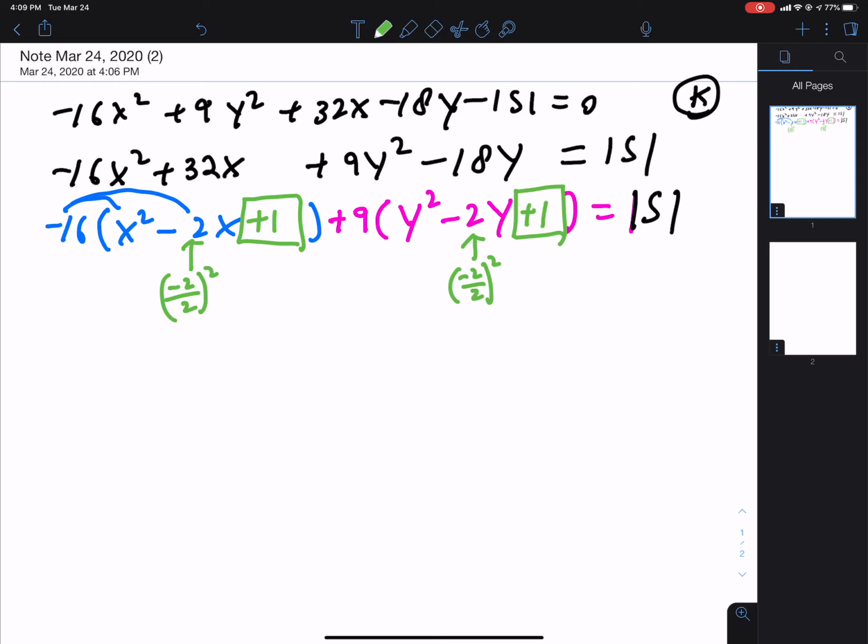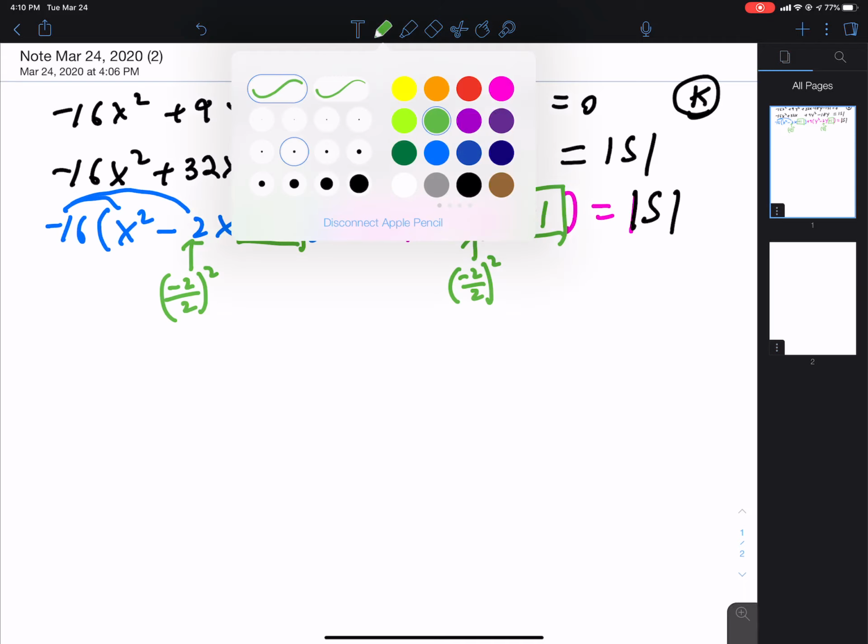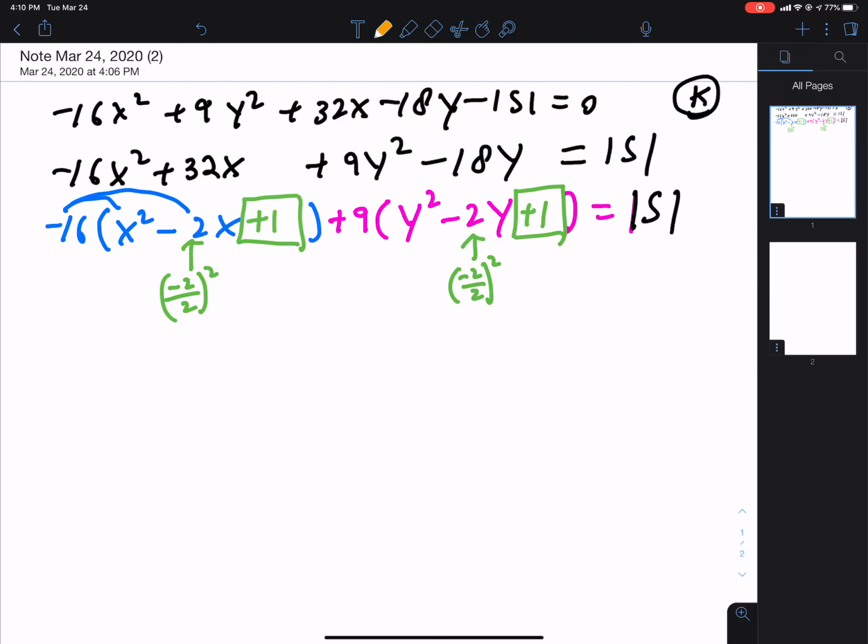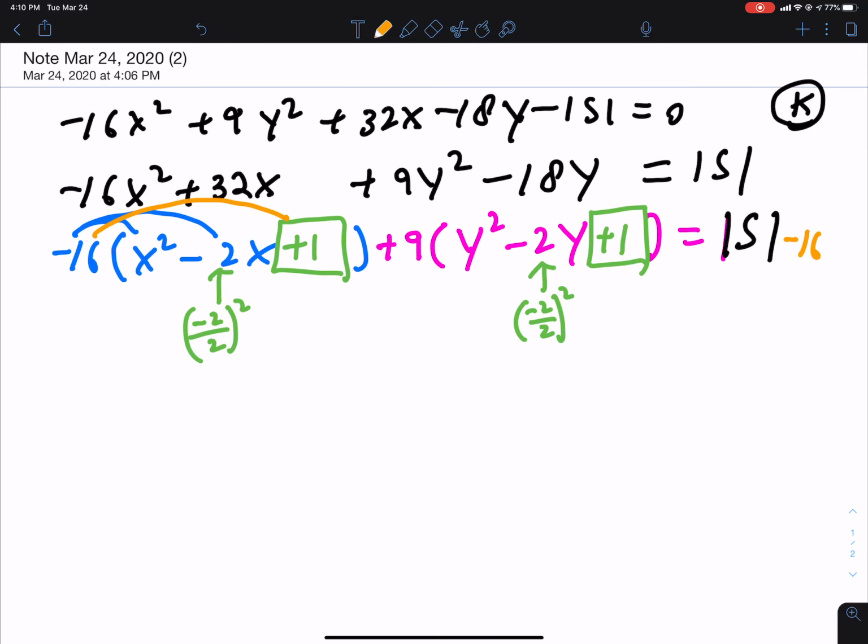So I can't just randomly add 1 because that changes my equation. But from what we learned in algebra, if I add something to one side, I can add it to the other. And what's interesting here, I really didn't add 1. I added negative 16 times 1. I really subtracted 16. So I have to subtract 16 from both sides.